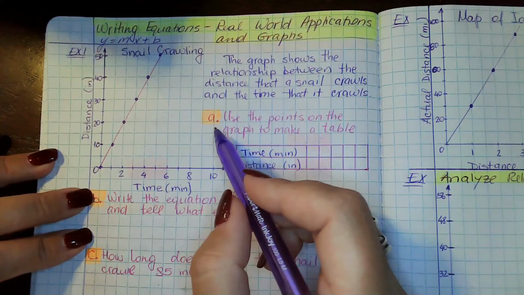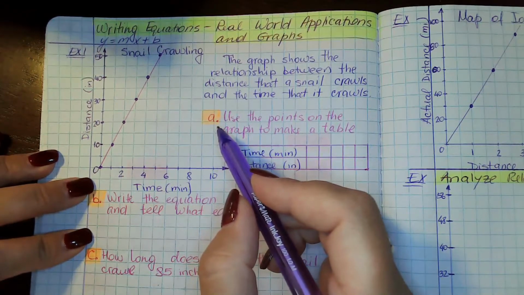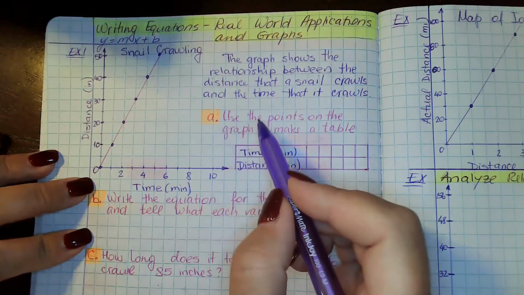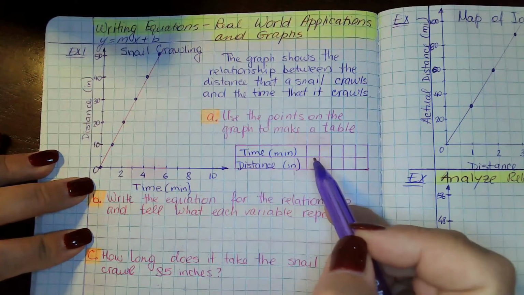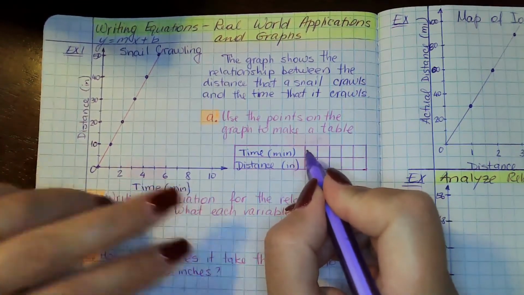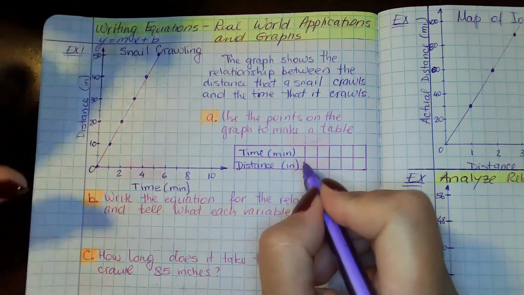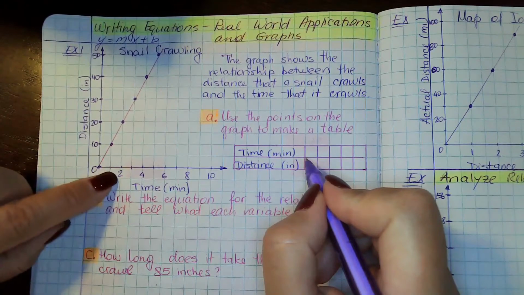So for the beginning, what we want to see is the relationship, and use points from the graph to make a table of values. So the time is on the x-axis and the distance is on the y-axis. For instance, let's see the point locations that we can read here.